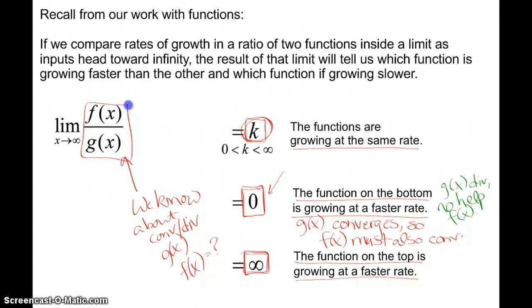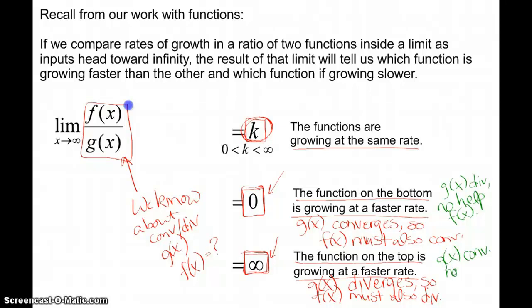And in the same vein, here, this was only helpful if g of x diverged, then that told us f of x, which is bigger in this case, must also diverge. However, it wasn't a helpful result if g of x converged.